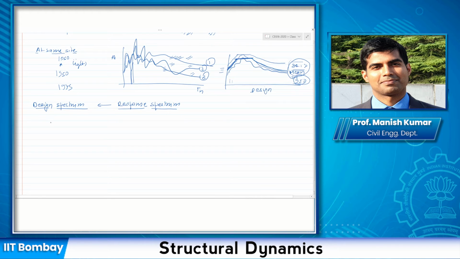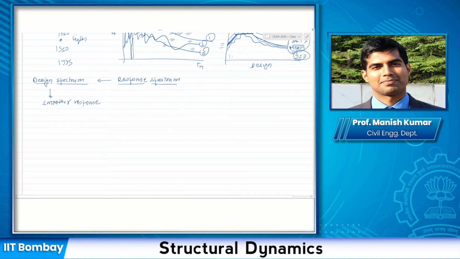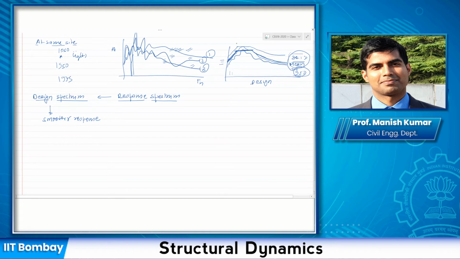So a design spectrum is a smoother response spectrum. This is a very crude definition, of course. Basically, the technical description is that we do statistical analysis to find out the mean value and the percentile value, the distribution value, and then we come up with some design spectrum.